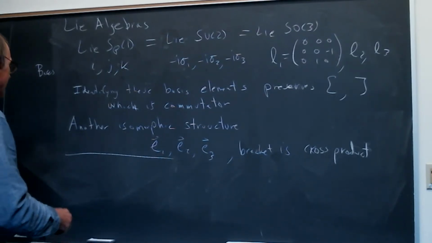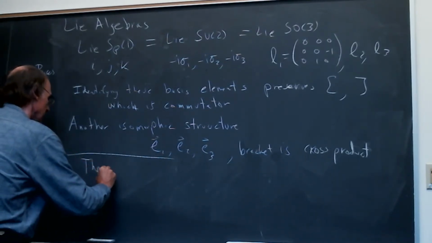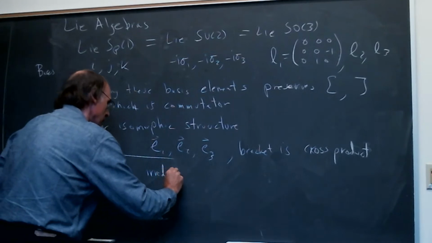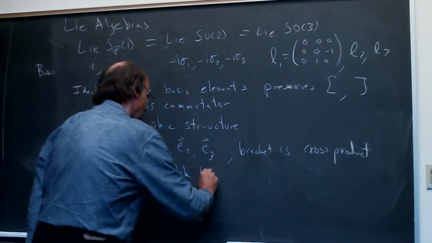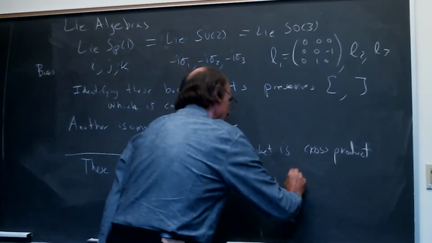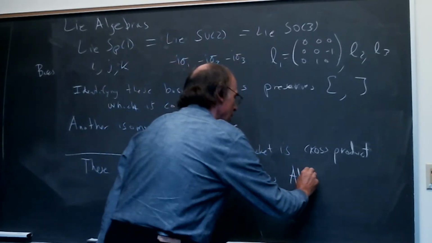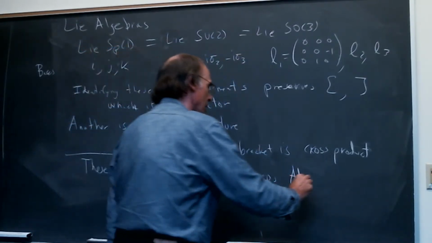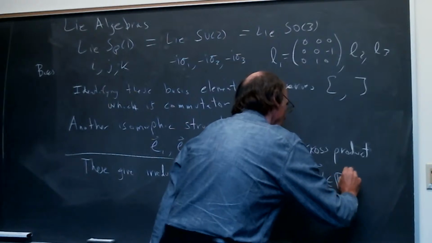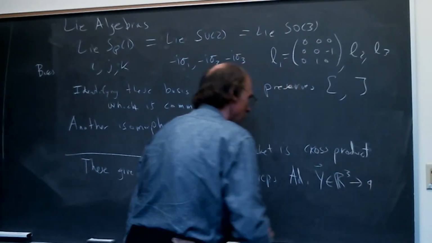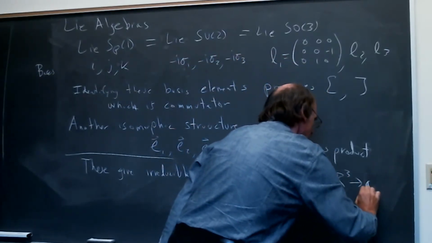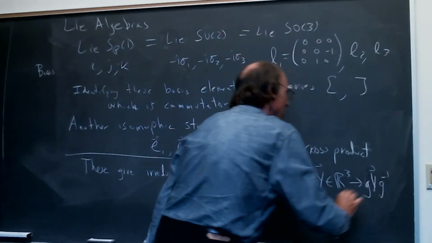So these give irreducible Lie group representations, which is Ad, which takes a vector in R3 to g times the vector times g inverse.